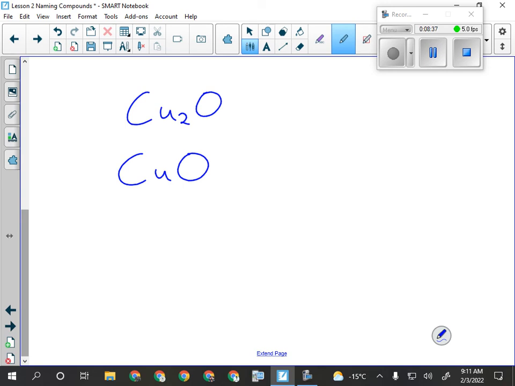So, when it comes to certain metals, we have to add something into the names of their ionic compounds. On your periodic table, you will find that some of the transition metals, that's the metals in the middle, have more than one possible charge.